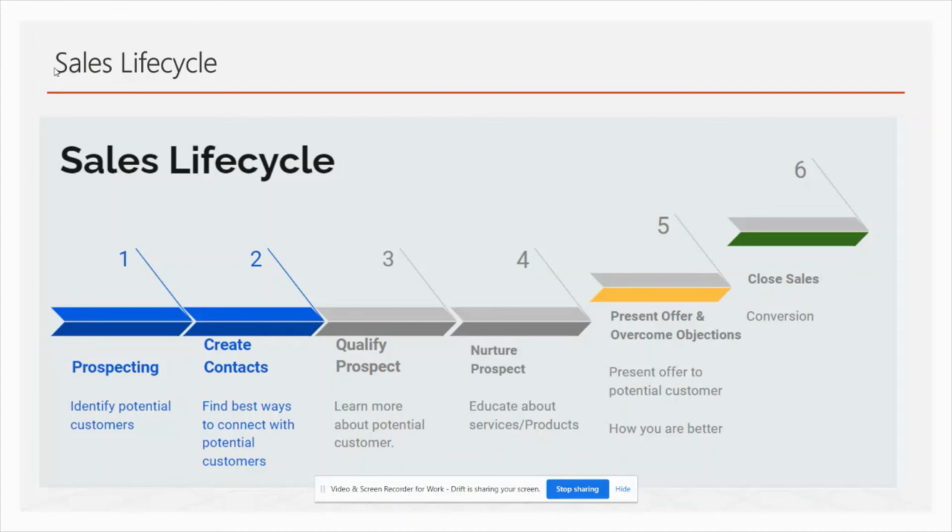They are educating them on how they are better than other competitors, how they are providing better offers than others, and the customer will buy your product.